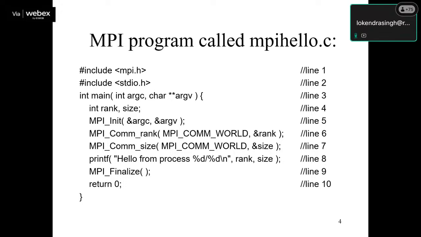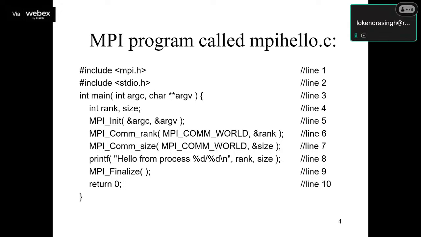First of all, you have to include the header files: include mpi.h. The second line, everyone knows about it, is standard input output .h. Then the third line is for creating the environment of MPI.